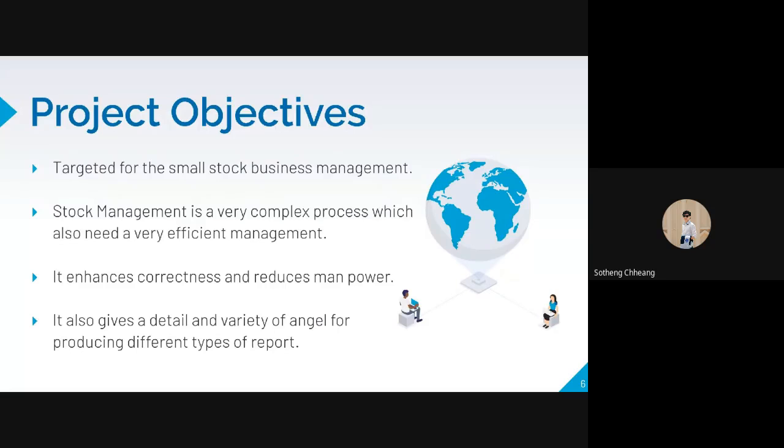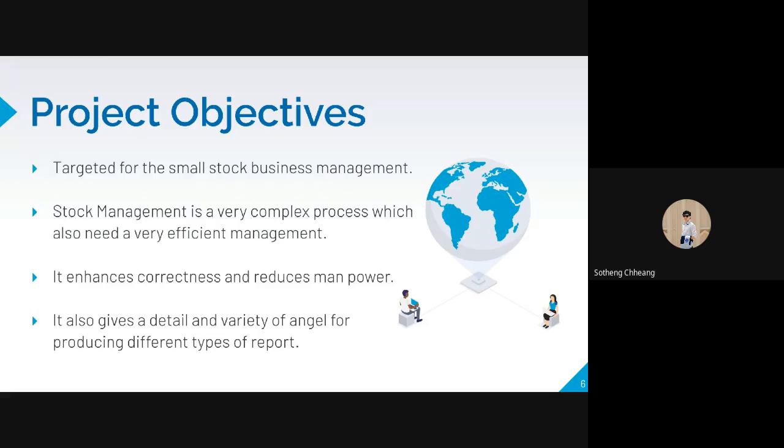So my project objective: first, my scope is focused on small stock business management. The second objective is that stock management is a very complex process, so we need to manage it efficiently. If we don't manage it well, the stock will be a mess: we won't know when a product came in or how much we spent on it.